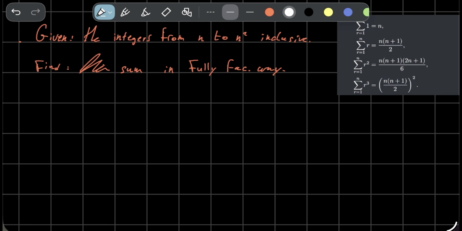Okay guys, here we have the integers from n to n squared inclusive, and we want to find their sum in fully factorized form. Meaning that we want to find sigma of r, r from n to n squared, which we basically do using the rule that I told you, this one.